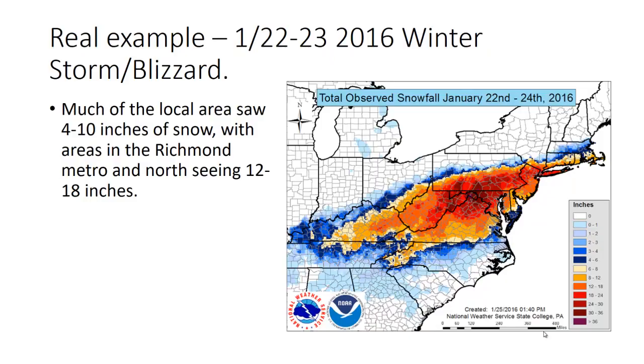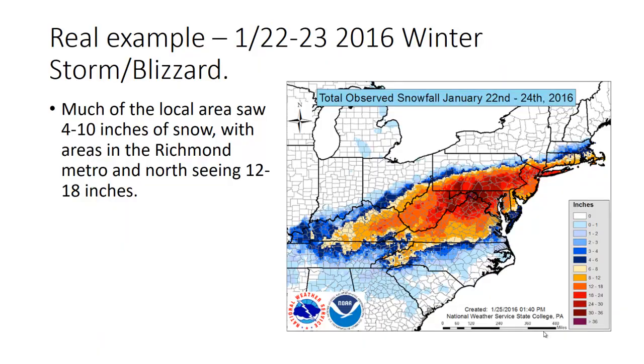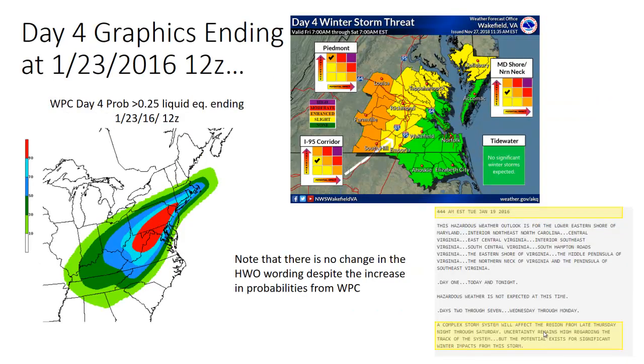If you look back here, the verbiage was exactly the same from the 18th to the 19th. Again, that's okay. That's all we had to really convey this. But you can see this tells you more. This tells you where we're expecting potentially the worst weather to be, at least 4 days out. It's good information. It's something people can grab onto right away.